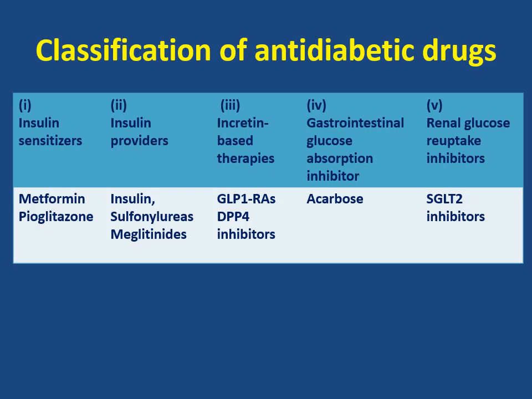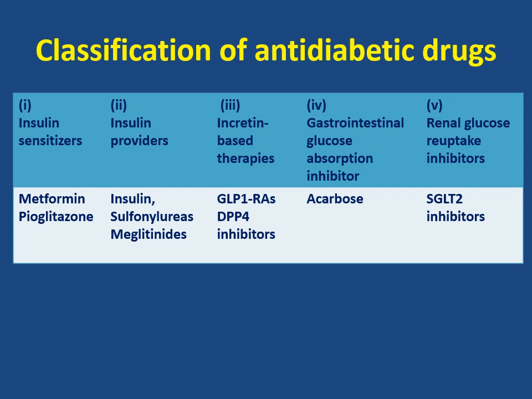What is the classification of anti-diabetic drug? We have 5 major categories of anti-diabetic drug. The first category is the insulin sensitizers, which include the metformin and pioglitazone. The second category is the insulin providers, which include insulin, sulfonylureas, and meglitinides.